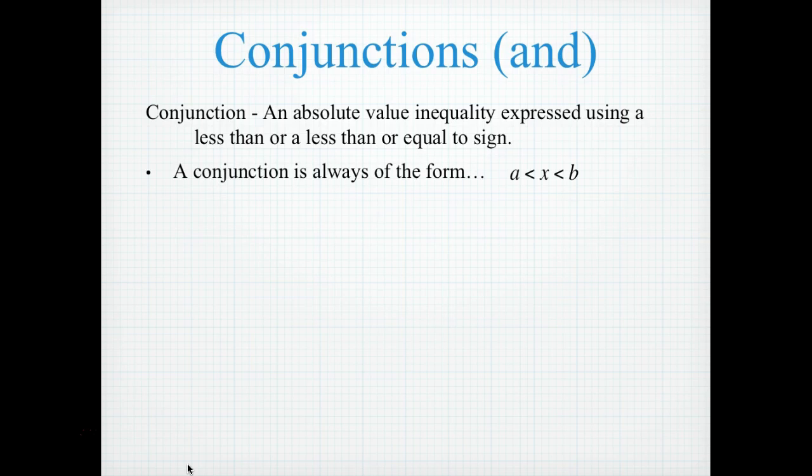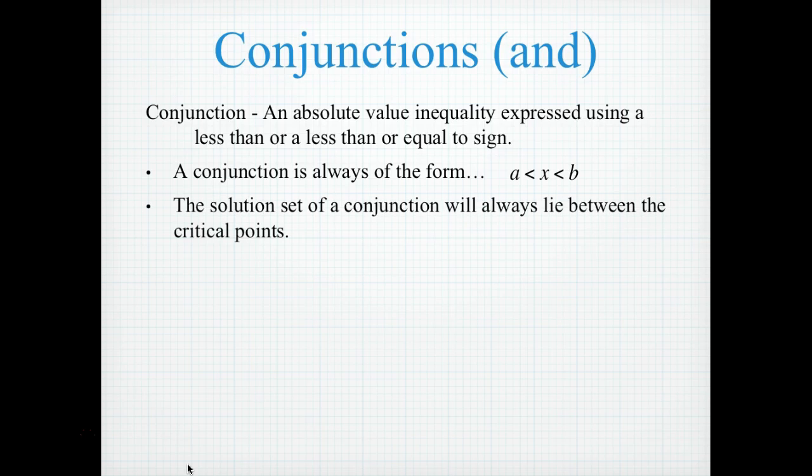A conjunction always ends in the form A is less than x and x is less than B. The solution set of a conjunction will always lie between the two critical points. Here are our two critical points, A and B, and we have a solution set that lies in between those values.